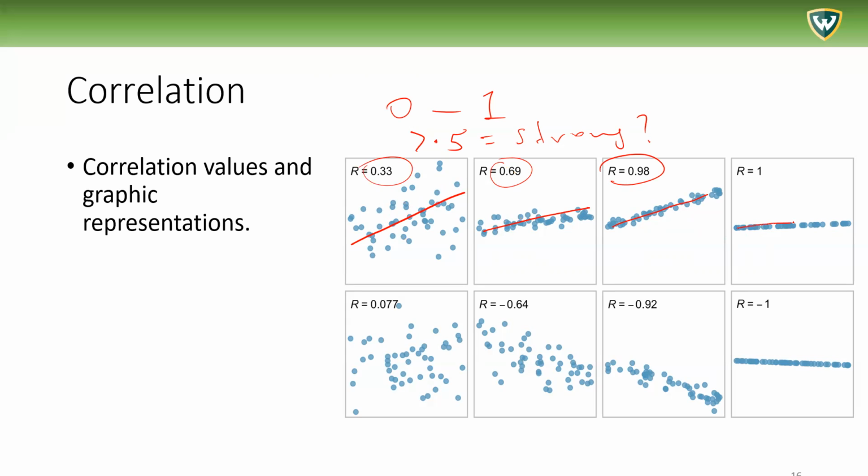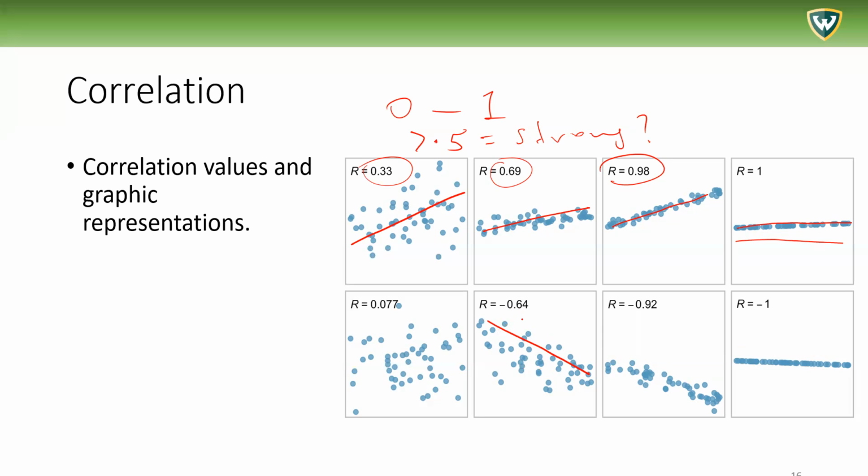And here the line looks almost flat, almost horizontal, in which case we wouldn't really have a strong correlation, but it gets a little bit complicated. But here we have a perfect correlation because all the points are on the line. Here on the negative side, here's calculated 0.64, also strong.